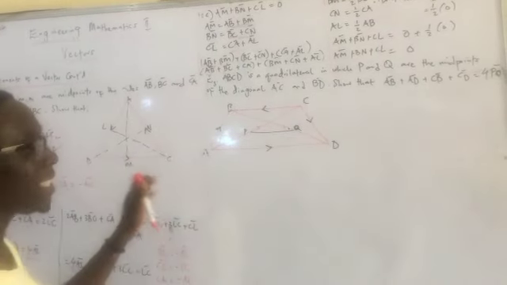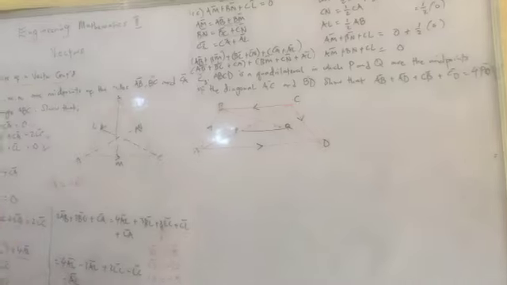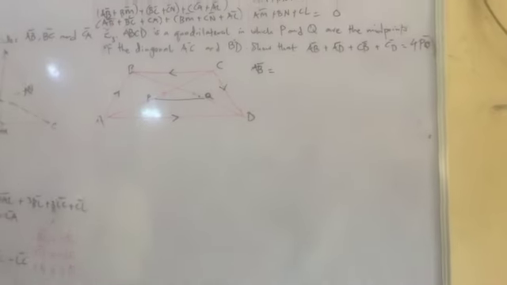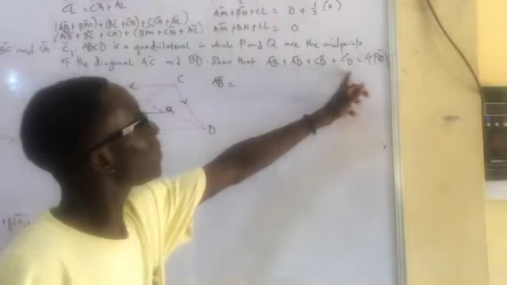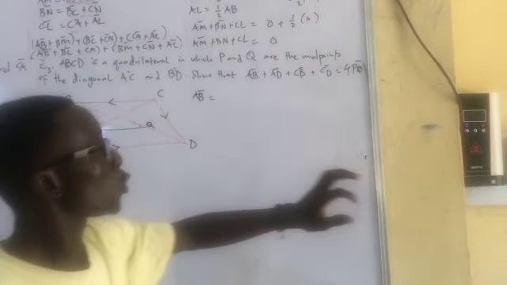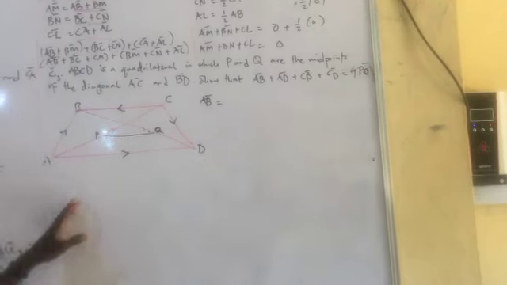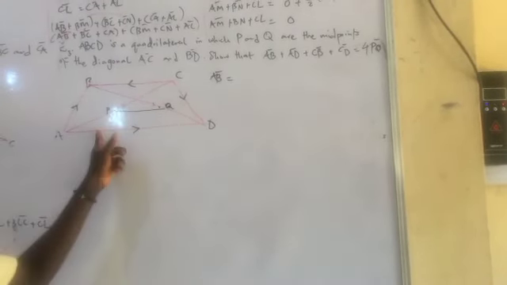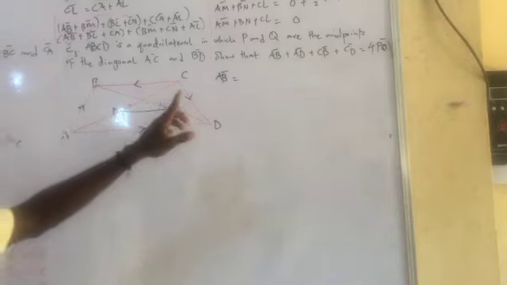Now defining each vector. Now let's pick AB and let's define it. How do we define AB? Take note, we are proving that this is equals to 4PQ, so whatever you are going to define, make sure that it includes PQ, not QP, PQ, because it's going to help you when you want to sum everything.